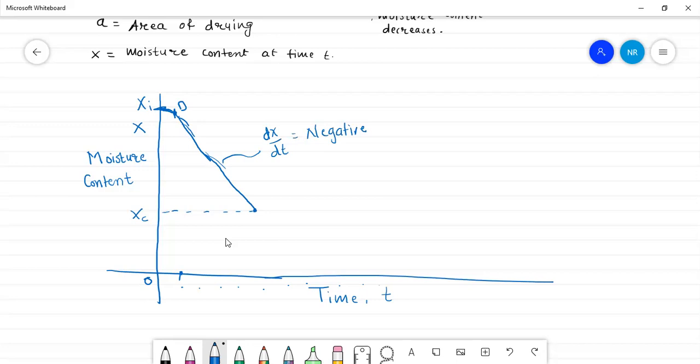So now if I write down here, first XiD, XiD is the warm up, like the solids are warming up.